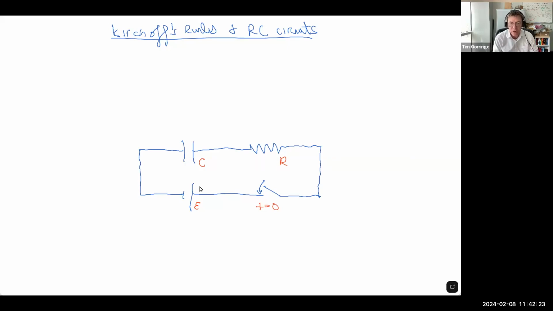And for a single loop, the current must be the same through each of the components in order to conserve charge. So we're going to start with Kirchhoff's current rule, and we're going to write down the current that is flowing through the capacitor and flowing through the resistor, flowing through all components of the circuit.